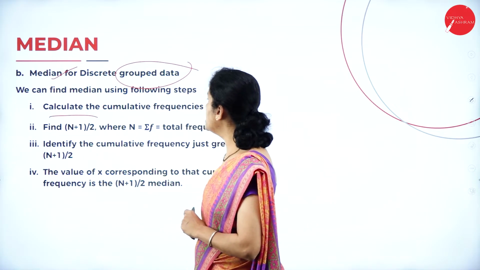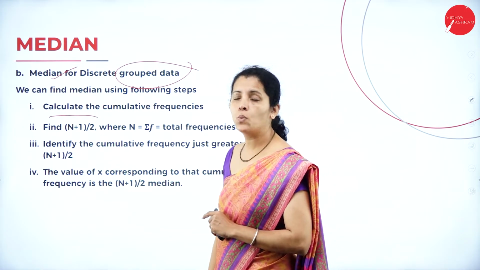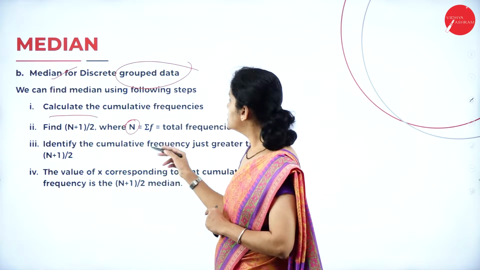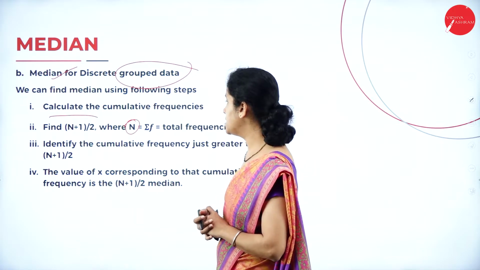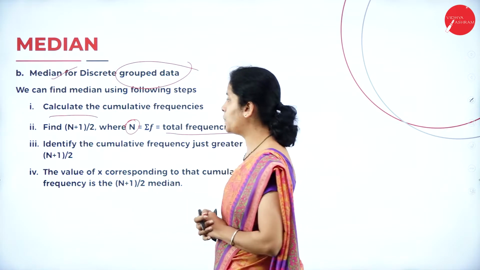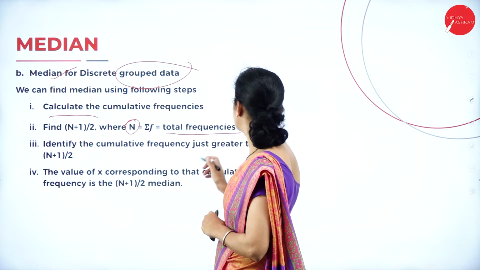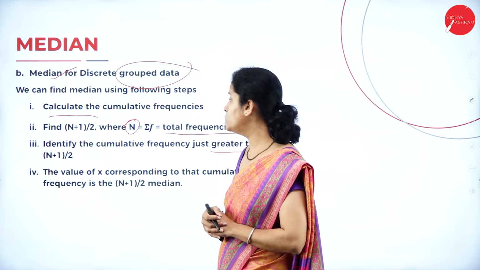So calculate the cumulative frequency, then find (n+1)/2, where n is nothing but sigma f, that is the total frequency. Then identify the cumulative frequency just greater than (n+1)/2.